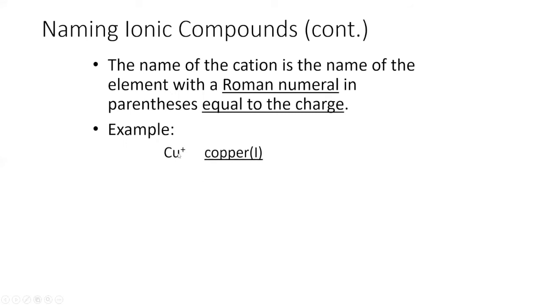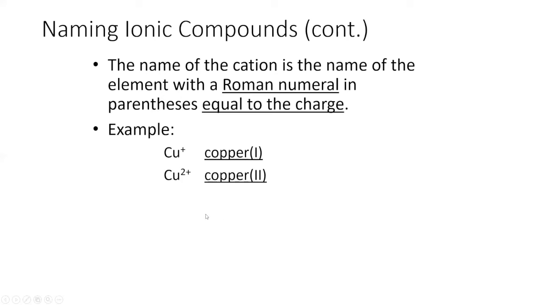If it is a copper +1 ion, the name would be the name of the element, copper, and then in parentheses, we put a Roman numeral for the charge. So this +1 becomes a Roman numeral 1 in the parentheses. But copper can also be a +2 ion. And so its name would still be copper, that hasn't changed, but the parentheses have a Roman numeral 2 inside because this is a 2+ ion.